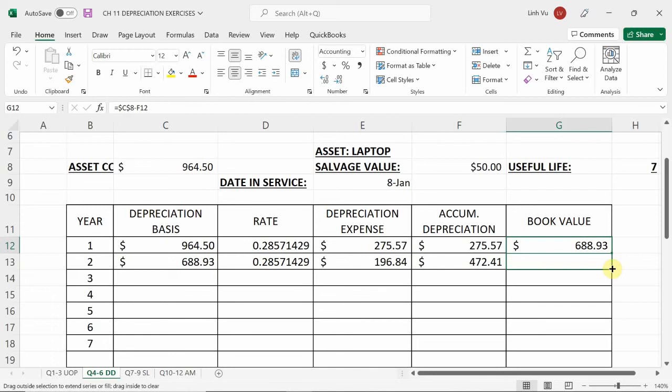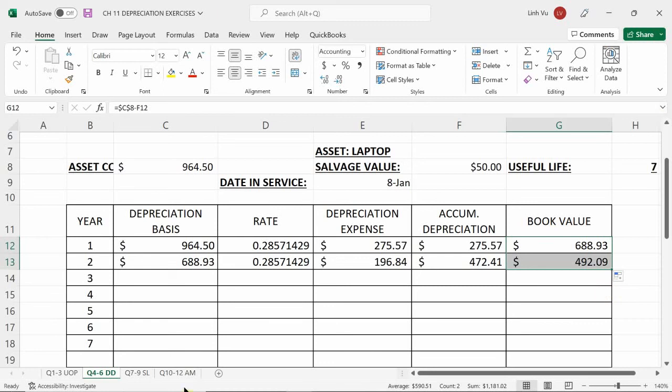So in this case, what number do I need to actually be taken away from? The asset cost, right? Not depreciation basis or the previous year's book value. We need to look at the asset cost of $964.50. $492.09.